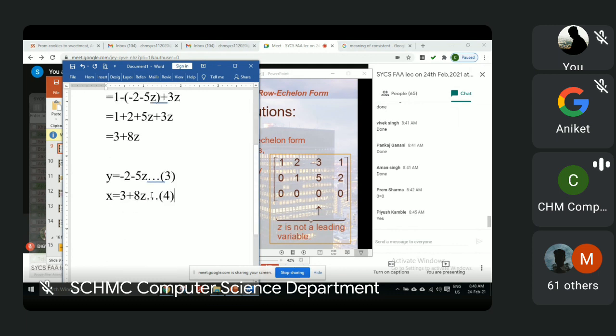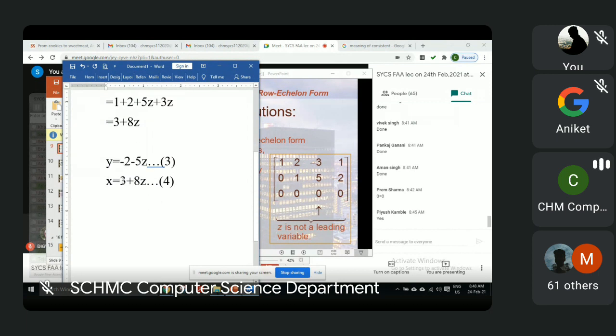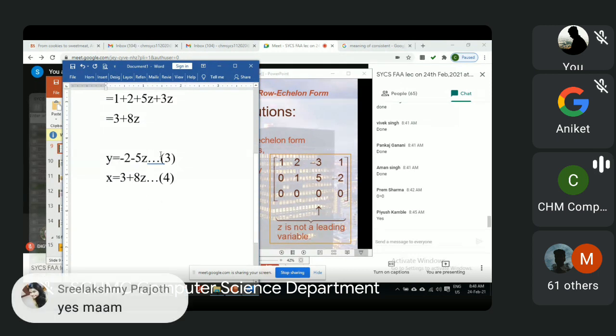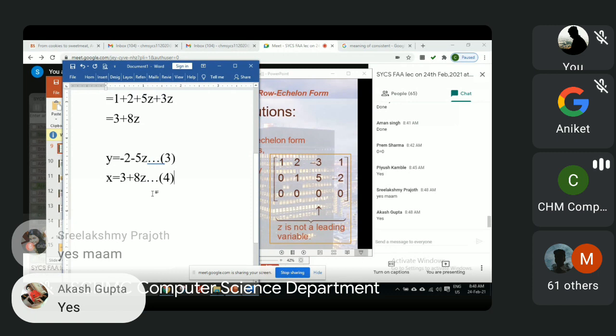Now please note, I have two equations, but they are not independent. Independent means I should have got a constant over here. But don't you feel y is depending on z and x is also depending on z? Can you see from these two equations, y is depending on z and x is also depending on z?